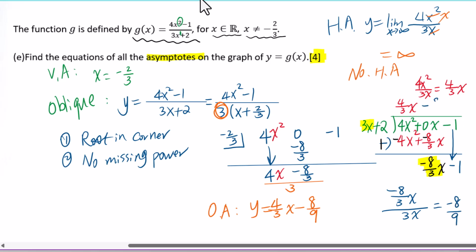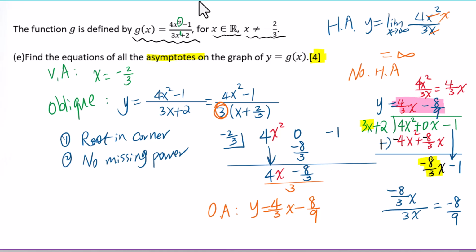So minus 8 over 9. This is your quotient of this division. So y equals 4 over 3x minus 8 over 9 is the oblique asymptote line.